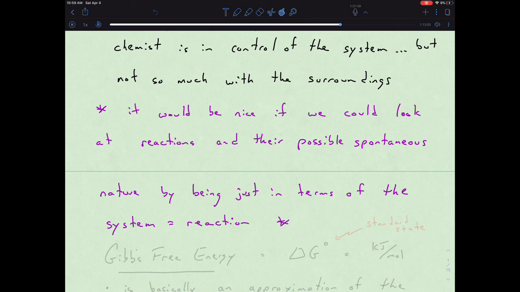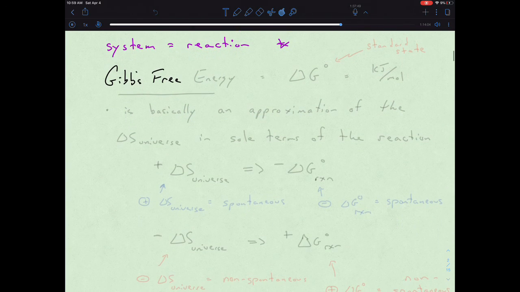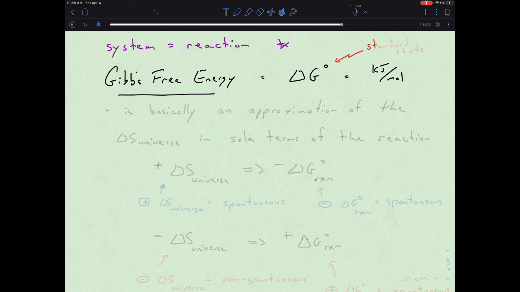And that's why we have this notion now of the Gibbs free energy. Gibbs free energy is given to us as delta G, and that is in terms of kilojoules per mole. Remember, we have standard state still here, as far as our pressure of 1 atmosphere, concentration of 1 molar, temperature of 298 Kelvin.